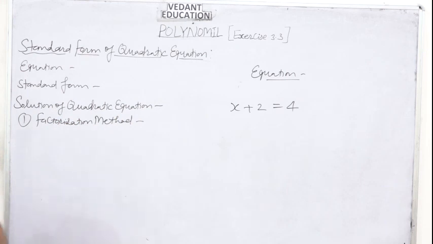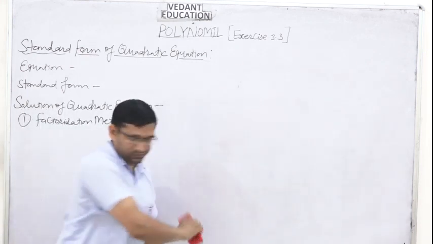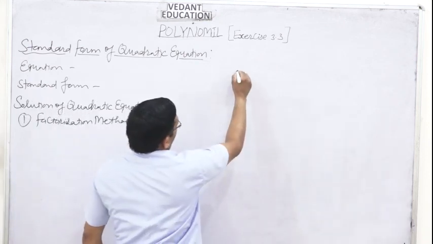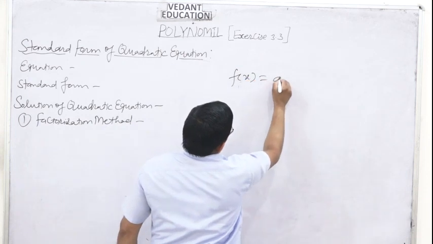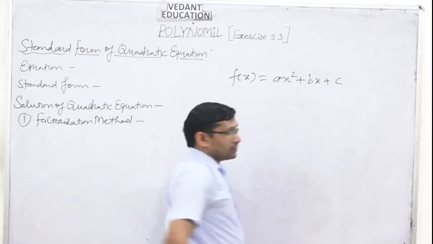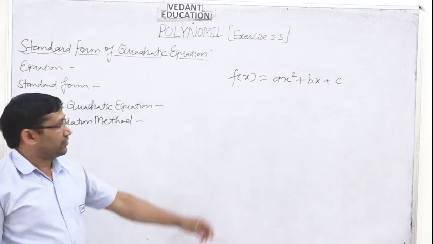In last class we saw the standard form of quadratic polynomial. What is the standard form of quadratic polynomial? f(x) is equal to ax square plus bx plus c. This is the standard form of quadratic polynomial.